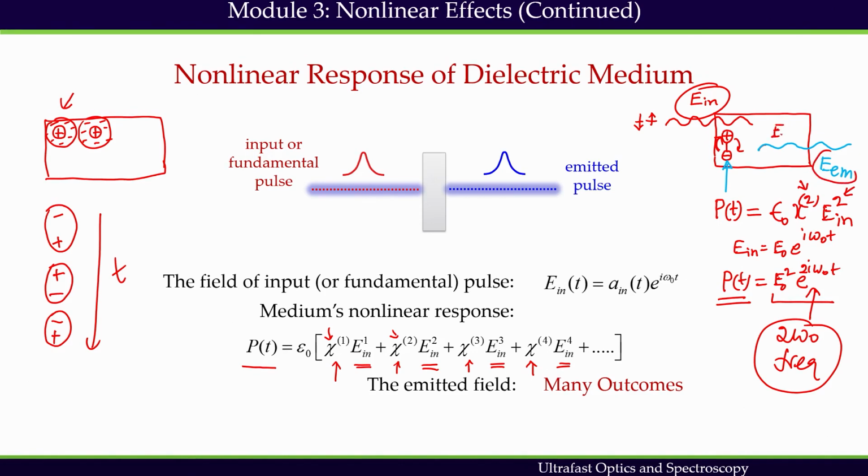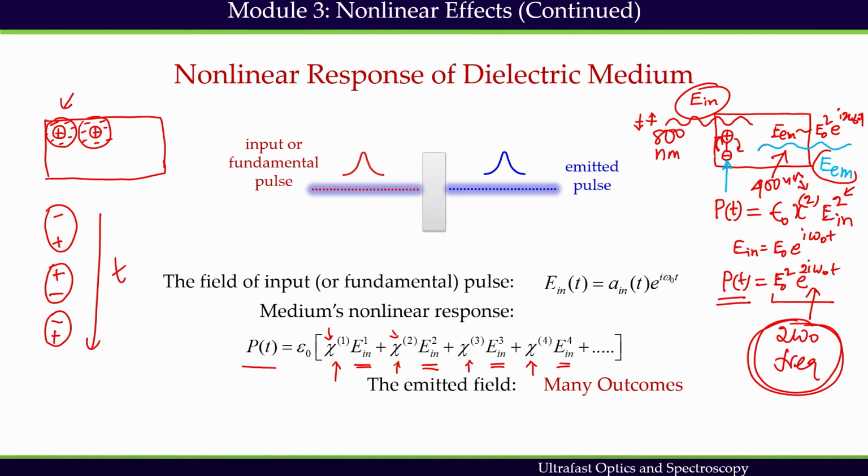So E emitted will have similar characteristics of E square, e to the power i 2 omega naught t. There will be a phase matching condition which needs to be fulfilled as well, but from a simplified point of view, we create a new frequency which oscillates at 2 omega naught. That's why if we use 800 nanometer as input beam, we get an output beam at 400 nanometer.